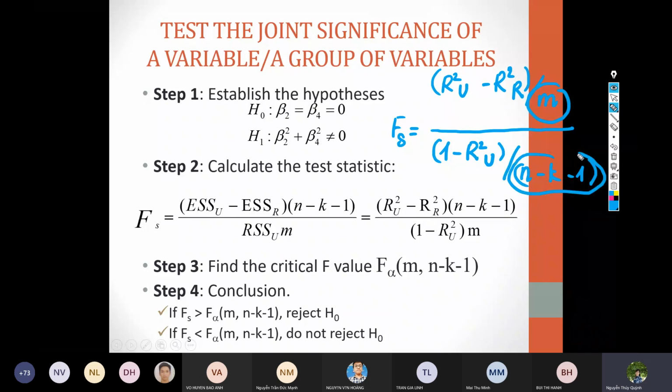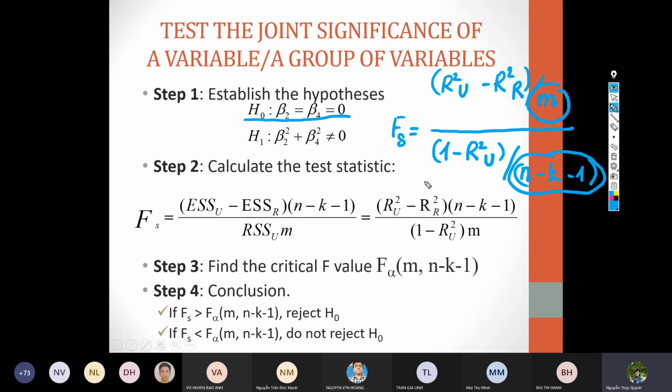So this F follows an F distribution with degrees of freedom M and N minus K minus 1, where M is the number of restrictions in the null hypothesis. In the null hypothesis here, we have two restrictions, beta 2 equal to 0 and beta 4 also equal to 0.